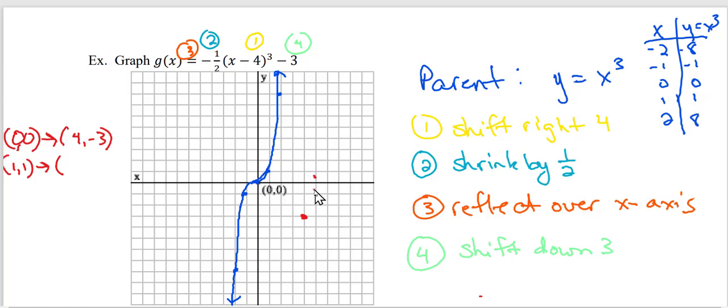Reflecting over the axis is going to flip it down here and then shift it down 3. 1, 2, 3. Down here. Let me get rid of those other 2 points that help us think it through. Okay. So the point 1, 1 moved to 5, -3.5.